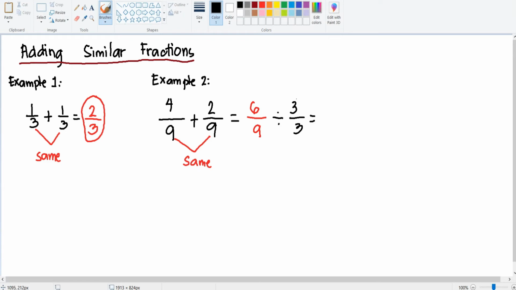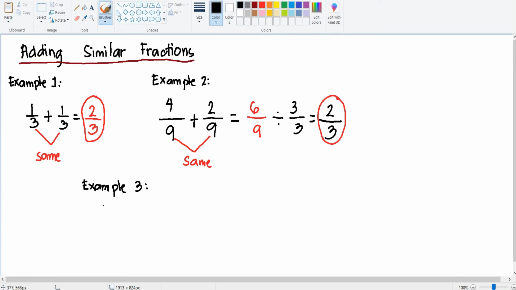Now, next thing that you have to do is to divide numerator by numerator and denominator by denominator. So 6 divided by 3, that is 2. 9 divided by 3, and that is 3. So our final answer will be 2/3, or two thirds.